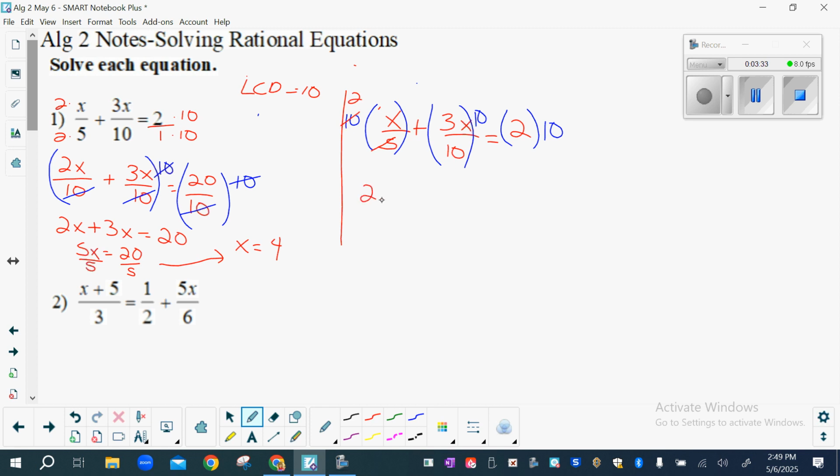So this becomes 2x. The 10s cancel. And this becomes 3x. And then 2 times 10 is 20. So, fewer steps. So if you like that way, you can do it that way. So then we get 5x is 20. And sometimes it kind of depends on the problem. It might be that this problem is easier to do it that way.